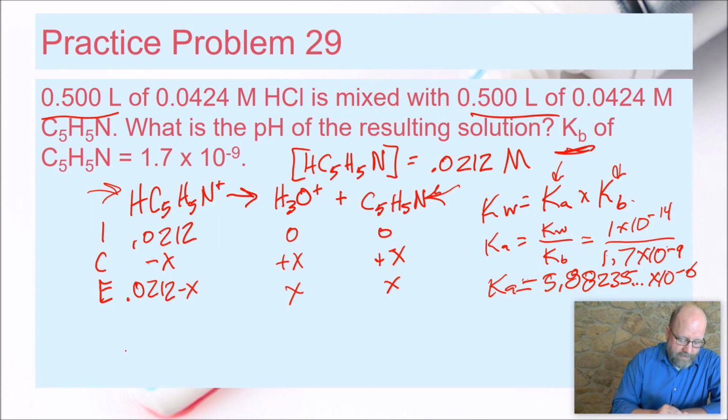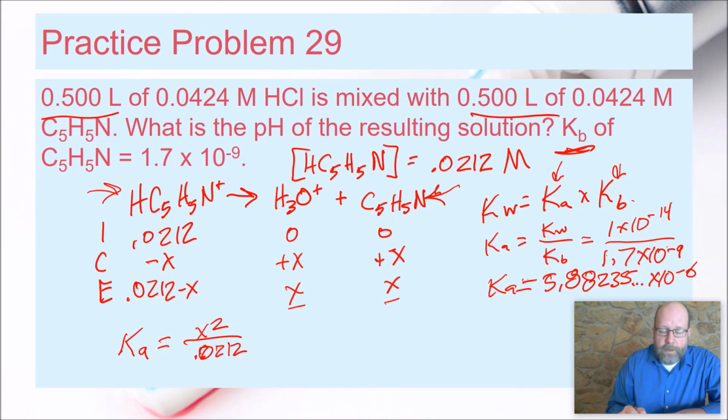So that means that our Ka is going to be equal to X squared. I'm just taking this X times that X, right? Products over the reactants. But I'm just going to use 0.0212, because I can get rid of that X because it's going to be a lot smaller, because this value is so small.